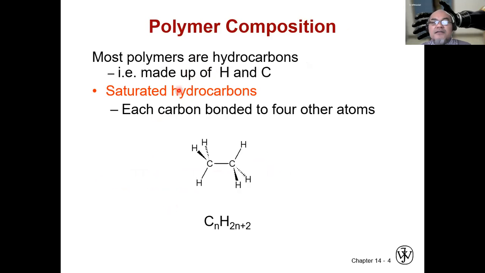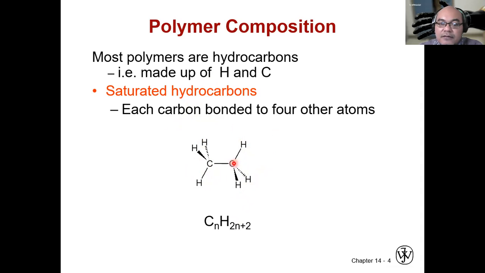Polymer compositions are mostly made up of hydrogen and carbon atoms. That's why they are called hydrocarbons. In saturated hydrocarbon, as maybe you have learned from chemistry 2 or chemistry 3, each carbon is bonded to four other atoms. Remember this kind of molecular structure? When it is drawn with a solid sharp triangle, it means that the structure is protruding towards us.